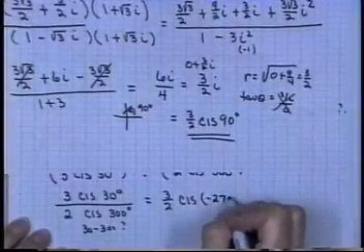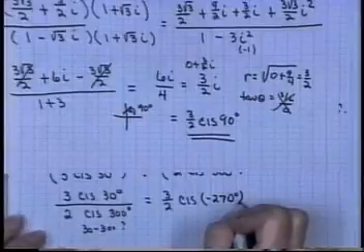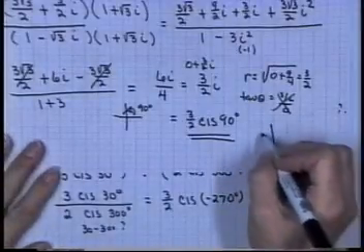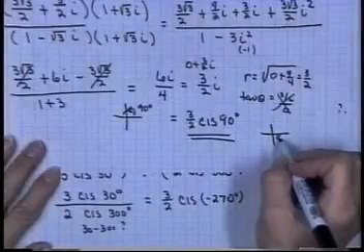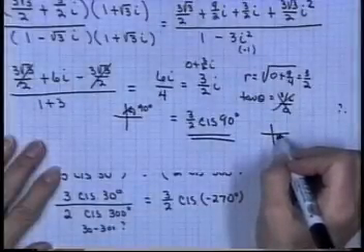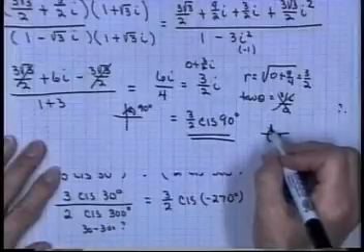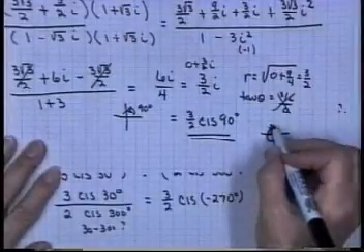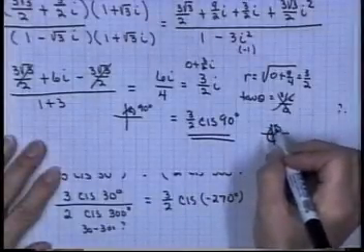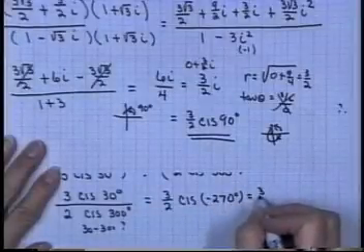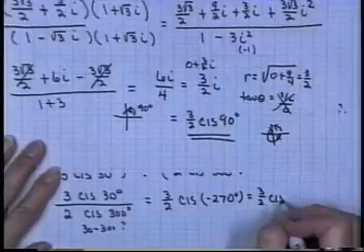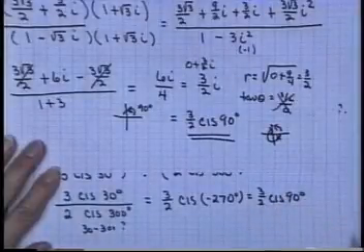Negative 270 degrees. Think about on your xy axis, if you start here and you go in a negative direction, that's clockwise, isn't it? If you go negative 270 degrees, where are you? Aren't you in the same place as you would be if you went 90 degrees? Negative 270 degrees is equivalent to 90 degrees.